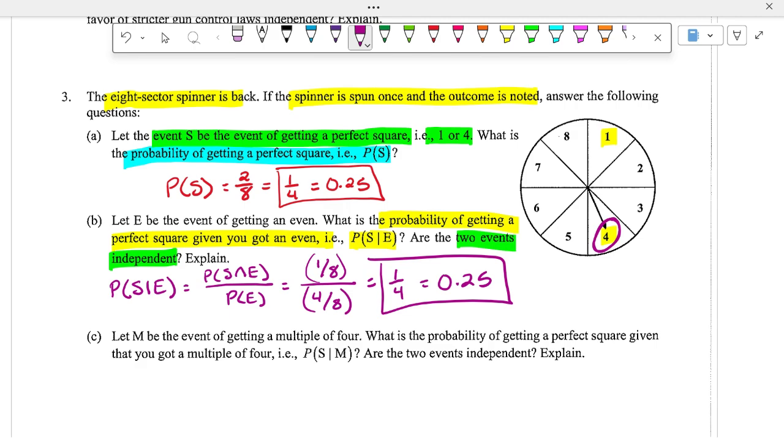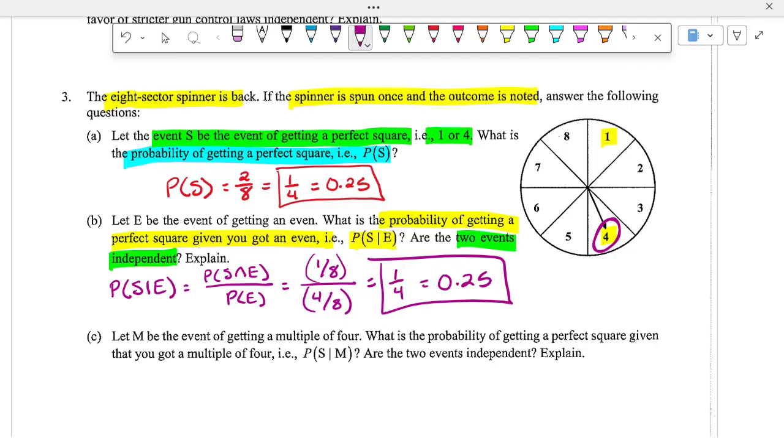So in other words, independence can be found by this formula. It just means that if you take the conditional probability of A given B, it should equal the probability of A if they are independent.